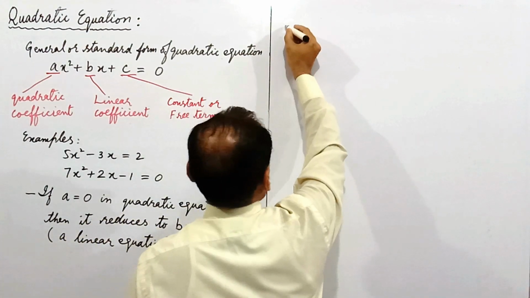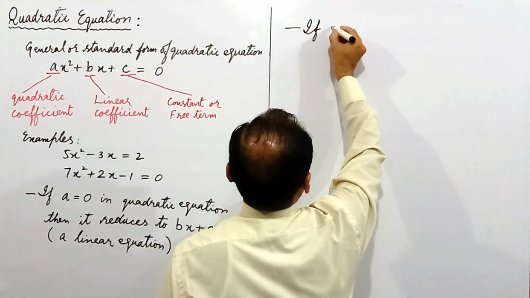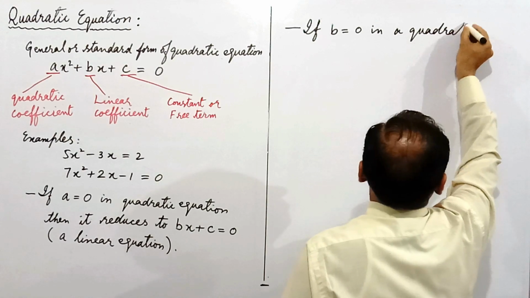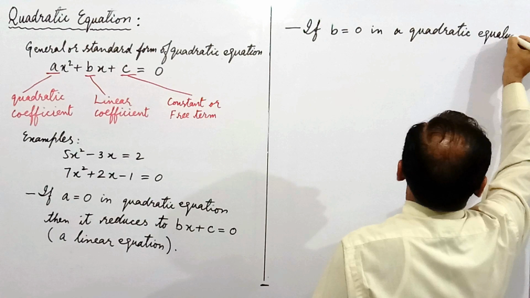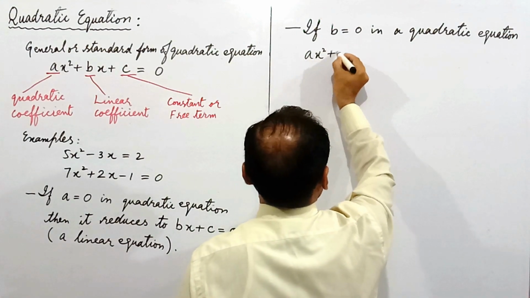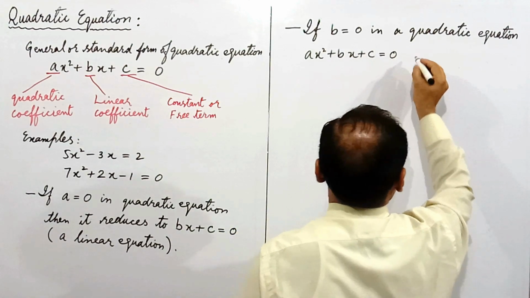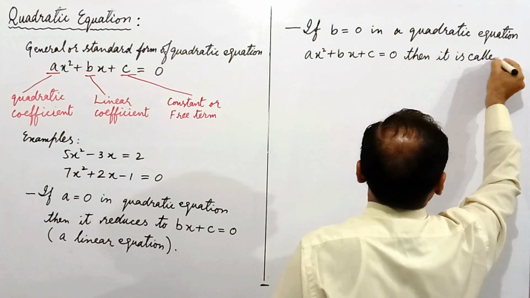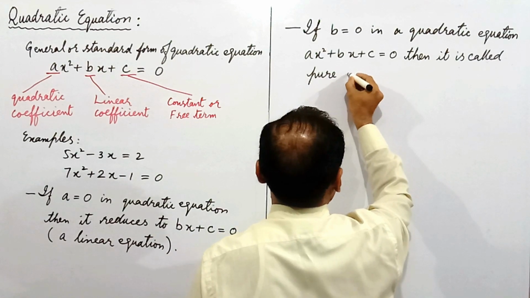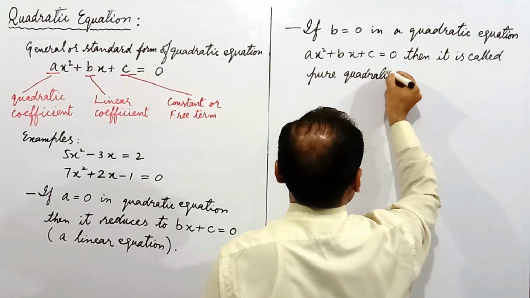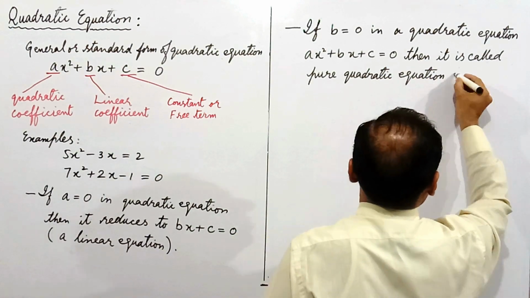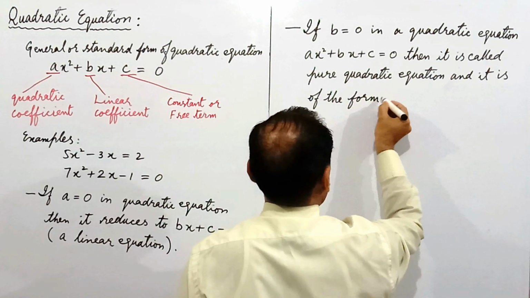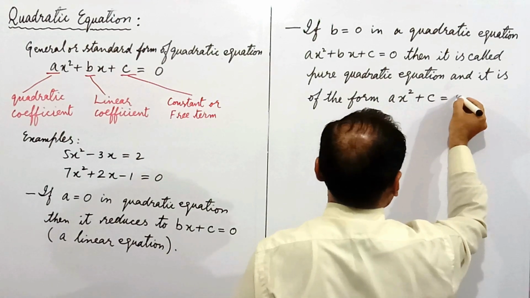And the second thing which we have to keep in mind is that if b is equal to 0 in a quadratic equation ax square plus bx plus c is equal to 0, then it is called a pure quadratic equation, and it is of the form ax square plus c is equal to 0.